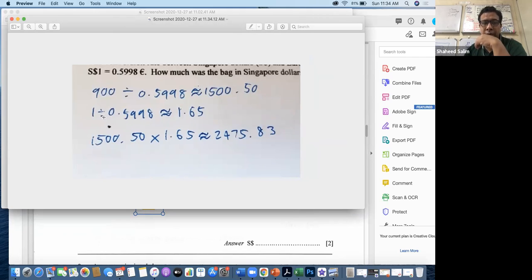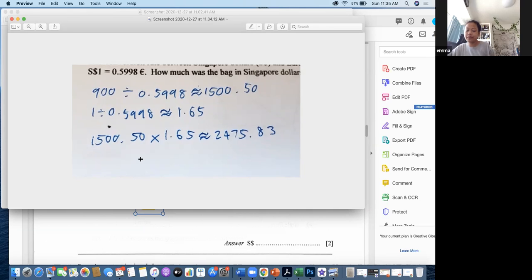But let's take this one first. 1 divided by this, you get 1.65. Then you must take 1.65 times 900 euros. Did they tell you there's 1,500 euros in the question? No. You take 1.65 times 900 euros. What's your answer? 1485. You get this right?